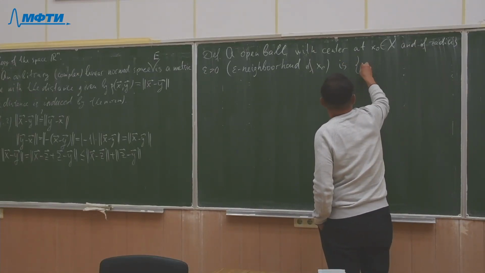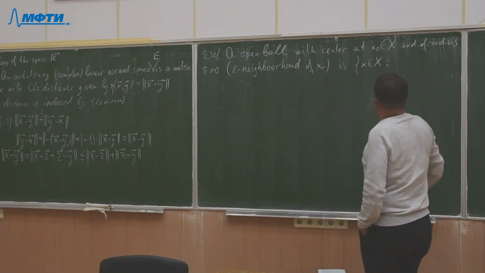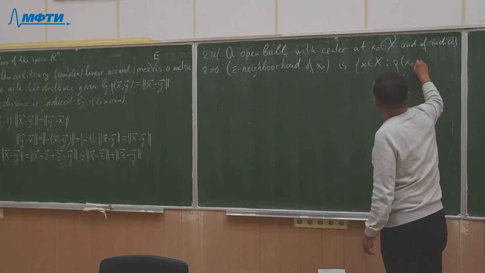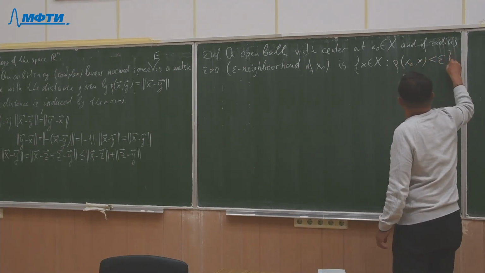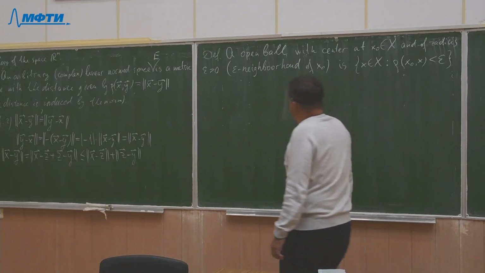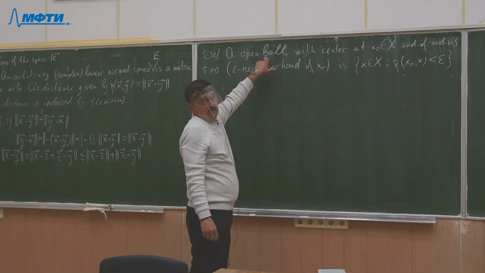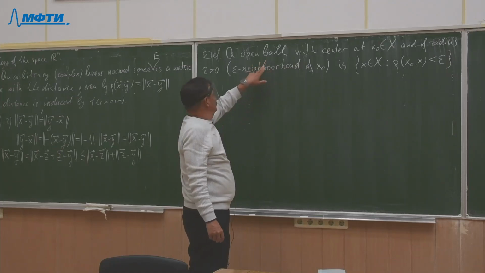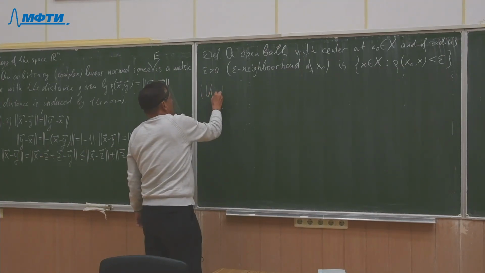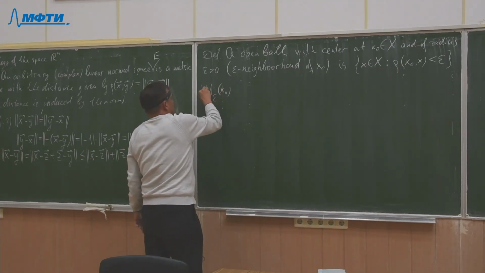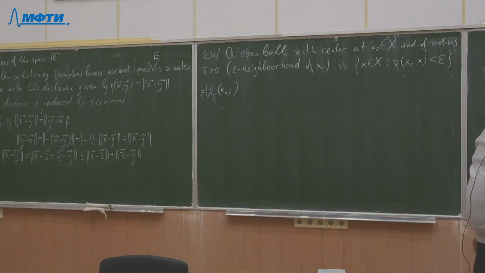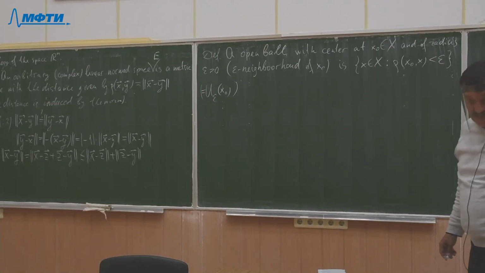So that is all points x such that the distance from x0 to x less than epsilon. It is open ball. And notation, okay, sometimes to indicate ball, letter B is used, but since that is neighborhood, I'll use u epsilon of x0. Yeah. That is epsilon neighborhood. Okay?